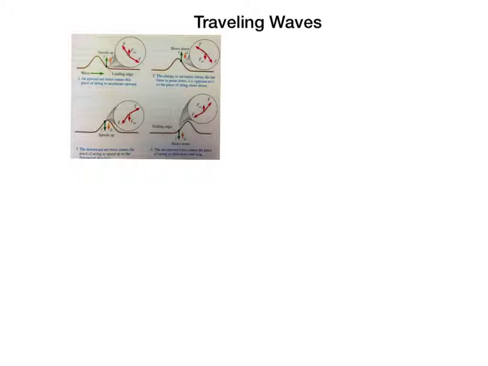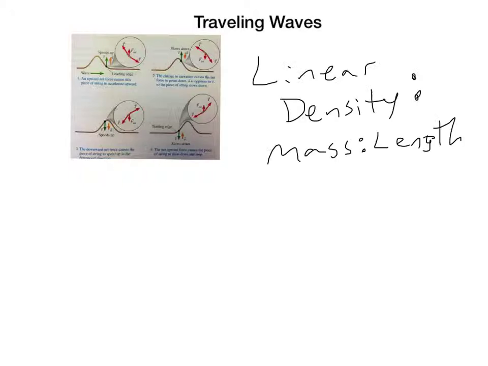We call that the linear density of the string. All right, so linear density characterizes the type of string we're using. A fat string has a larger linear density than a skinny string of the same material. Similarly, a steel wire has a larger value of linear density than a plastic string of the same diameter.